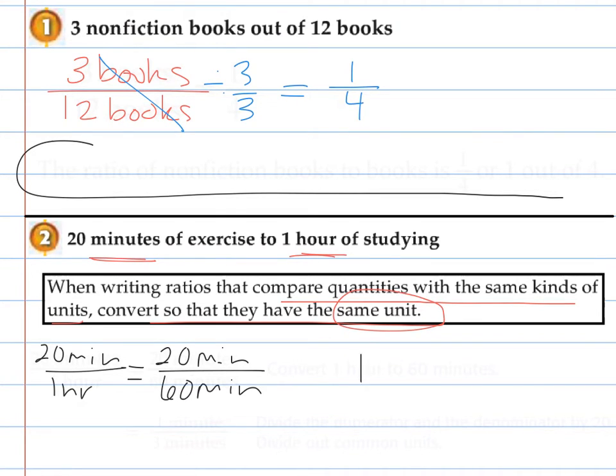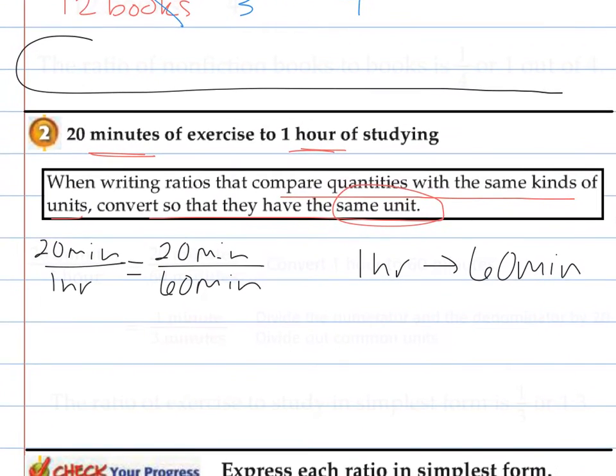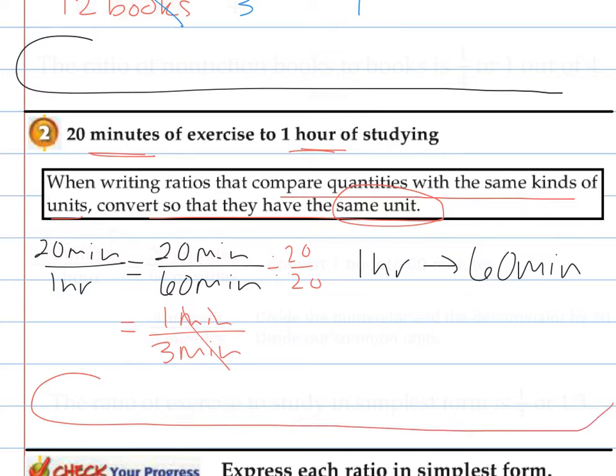So we converted 1 hour to 60 minutes because those are equivalent. So then if we simplify, 20 and 60 share a factor of 20. So we get 1 minute to 3 minutes. So the ratio of exercise to studying is 1 to 3, or 1:3. Either way is okay to write it.